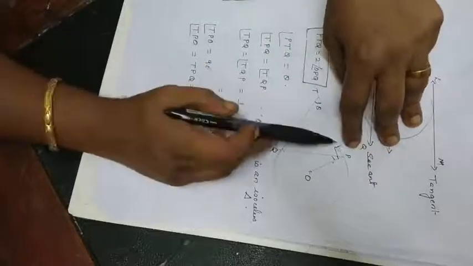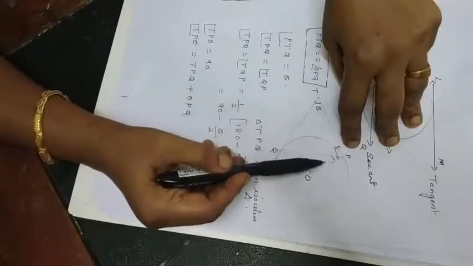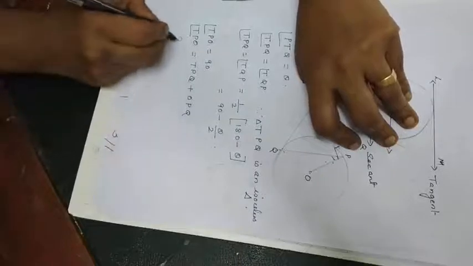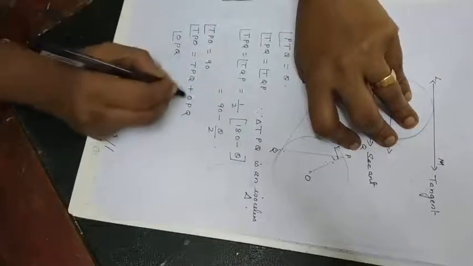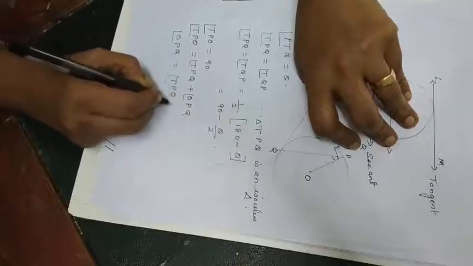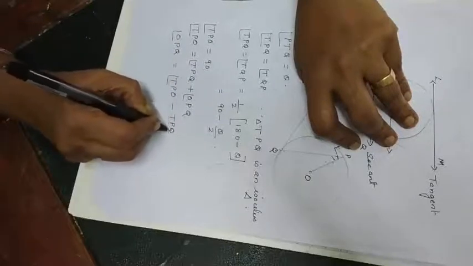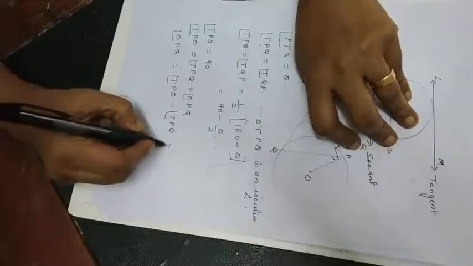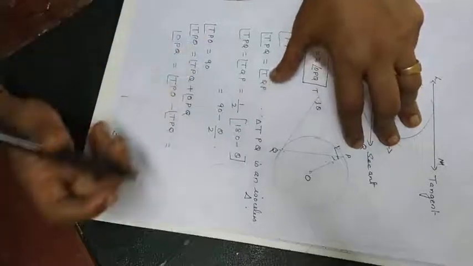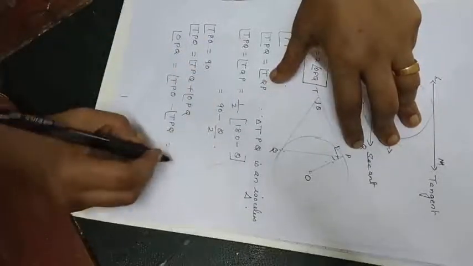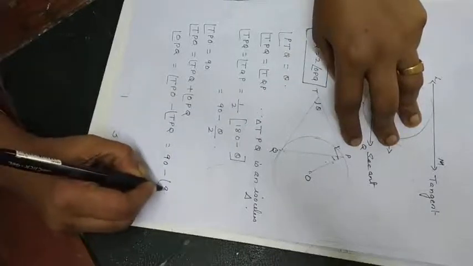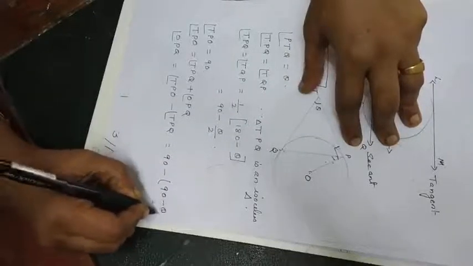Now this angle is this one plus this, or angle OPQ is equal to TPO minus TPQ, that is 90 minus theta by 2.